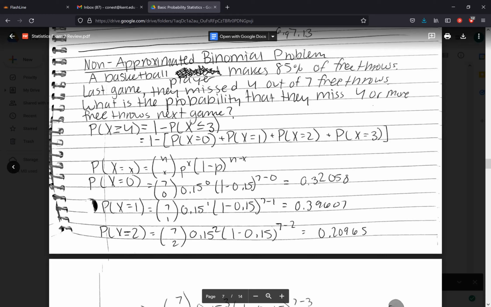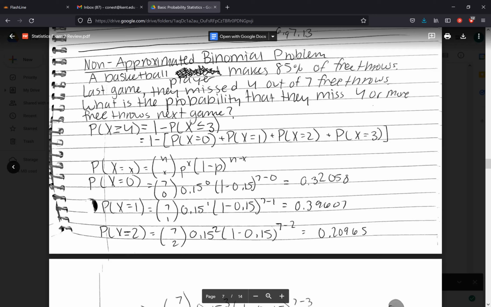But we're taking a look at past data. In a past game, we know that they had 7 free throws total, and they happened to miss 4. But on this next game, we have no clue the number of free throws that they're going to have. They could have like 5 free throws and miss 1 of them.